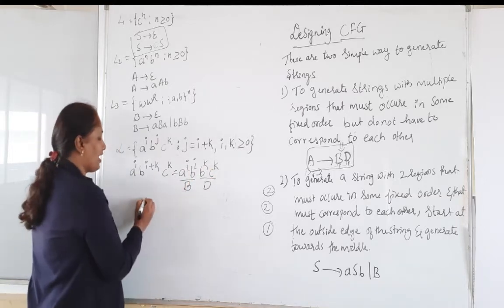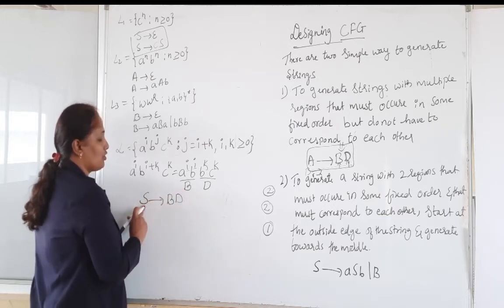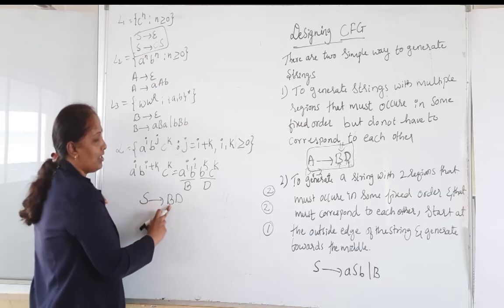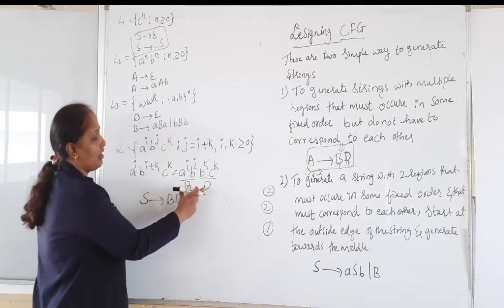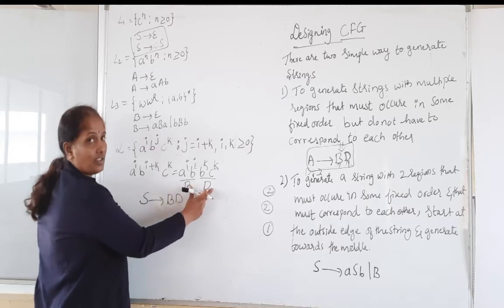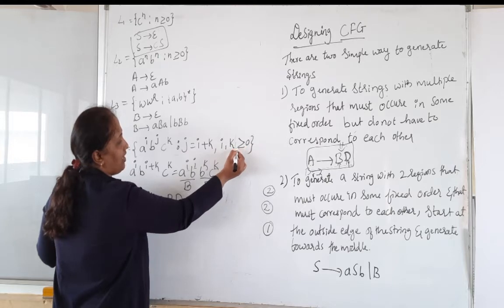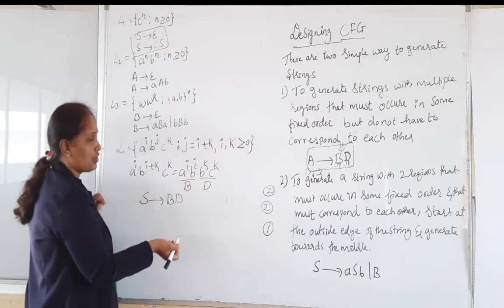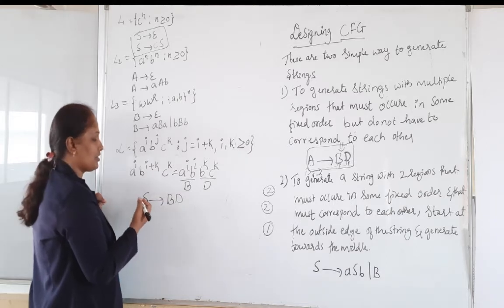So based on that, I will write the rule. S produces BD. S is the start symbol here. B is a symbol which defines the strings of the first region. D is a symbol which defines the strings of the second region. And the i and k values are greater than or equal to 0.